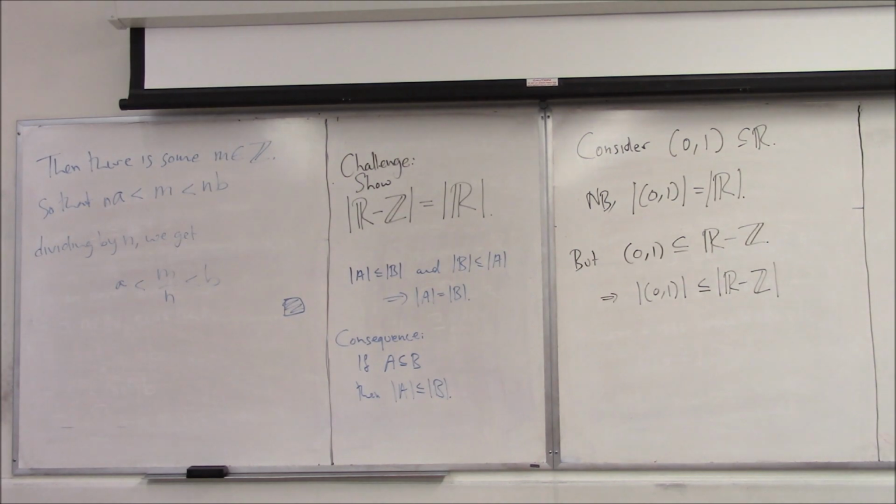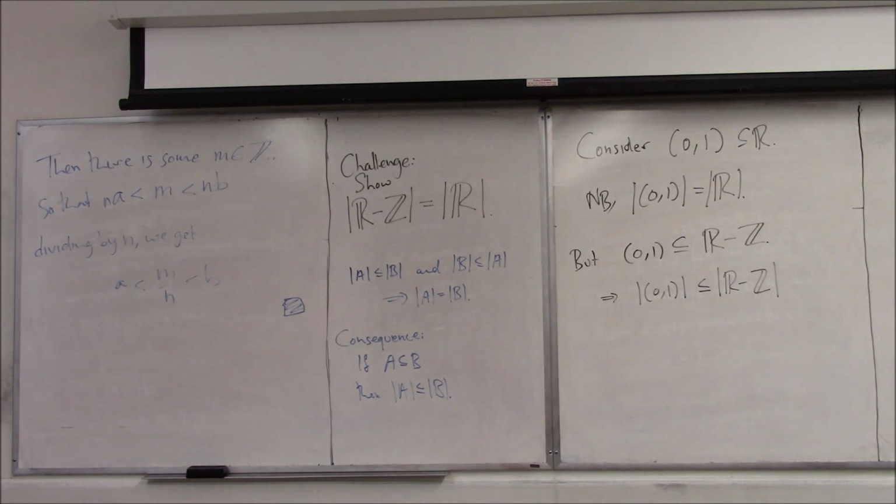And so now how do we finish up? Isn't R minus Z a subset of R? R minus Z is a subset of R. So this is less than or equal to this, since this guy is a subset of that guy.